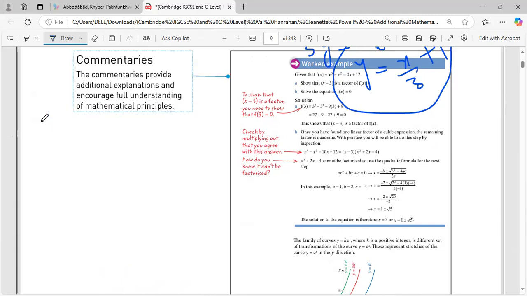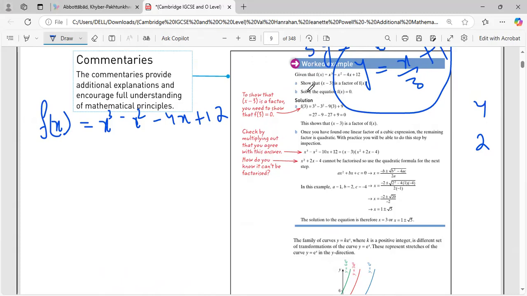Okay, so the function is f of x equals x cubed minus x squared minus 4x plus 12. Simply, factor means like if you take 4, so 2 is a factor of 4 because 2 can divide the 4. Similarly, x minus 3 is a factor if it can divide this.